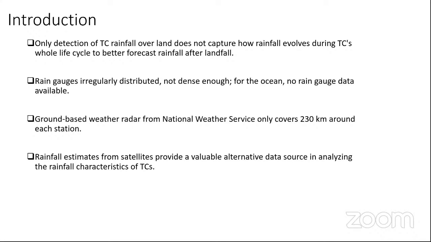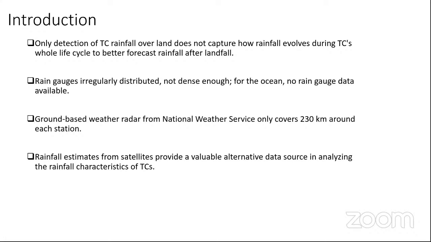As we know, ground truth often comes from the rain gauge data. However, the rain gauges are irregularly distributed, so they are not dense enough to detect some local changes. In addition, no rain gauge data is available for the ocean.